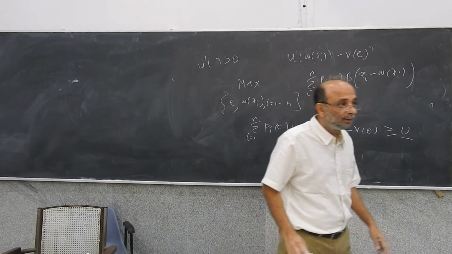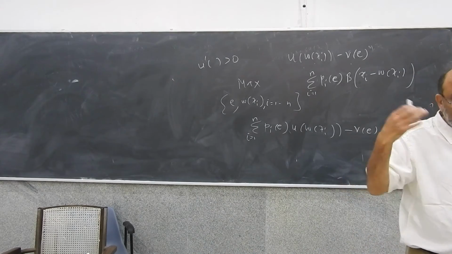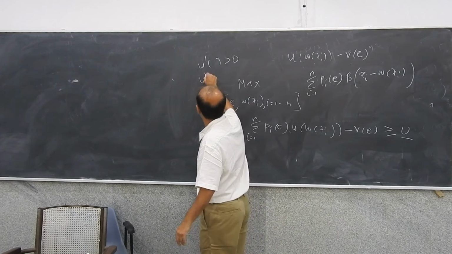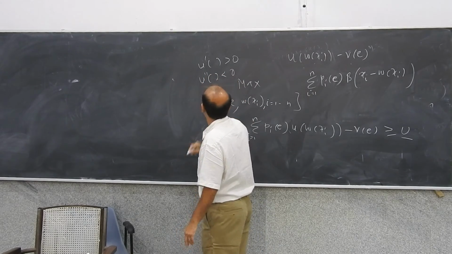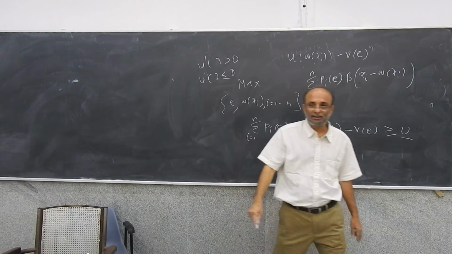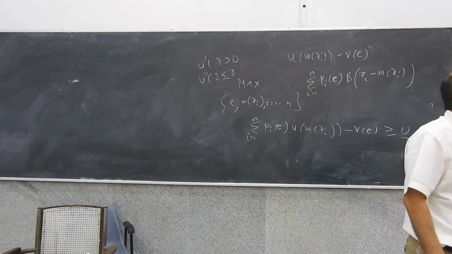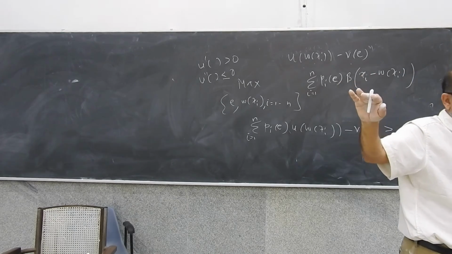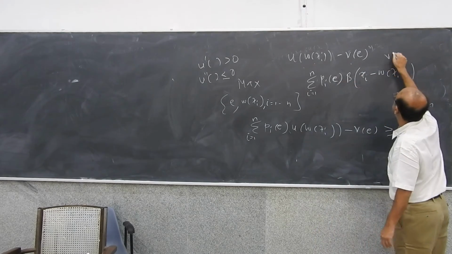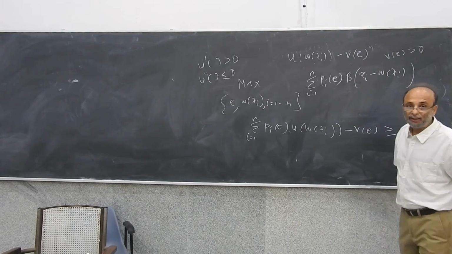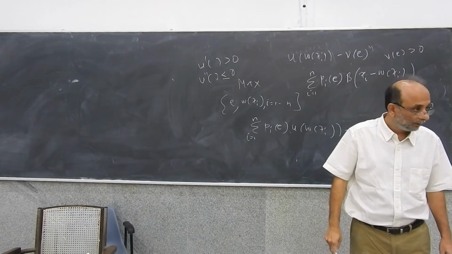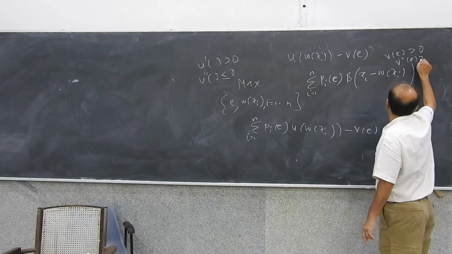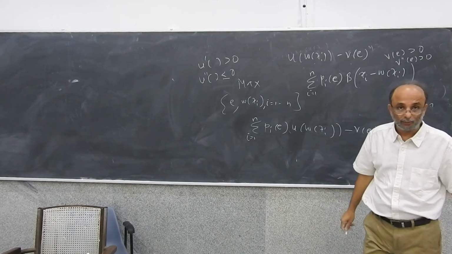What does that mean? Marginal utility of wages is positive, right? If I say U double dash less than or equal to 0, I am talking about diminishing marginal utility. I am going to say V of E is greater than 0, and V double dash of E is also greater than or equal to 0.